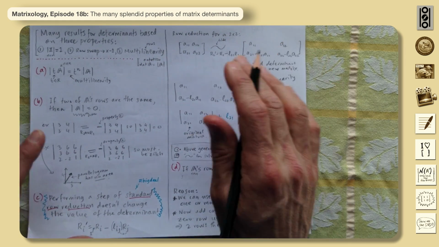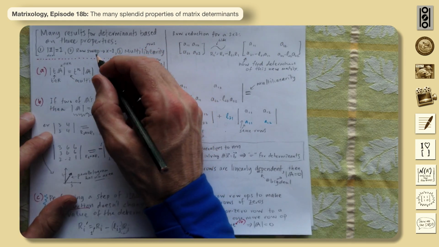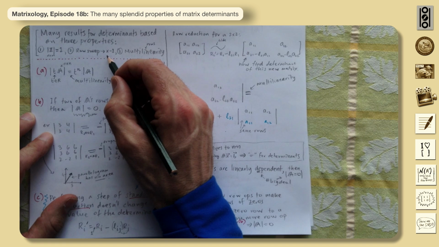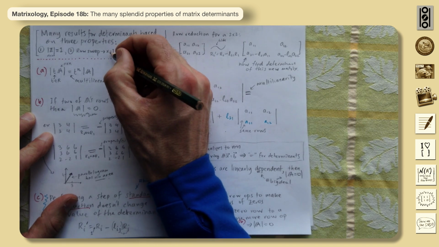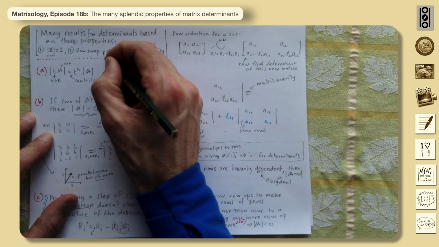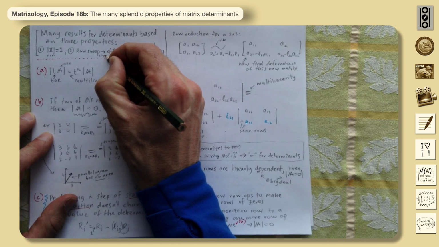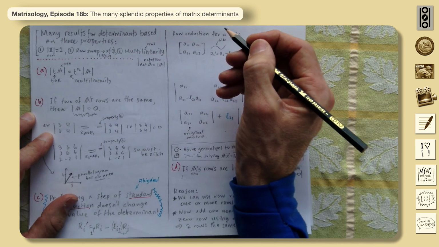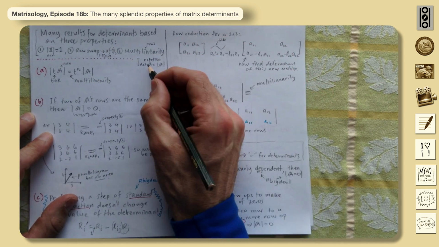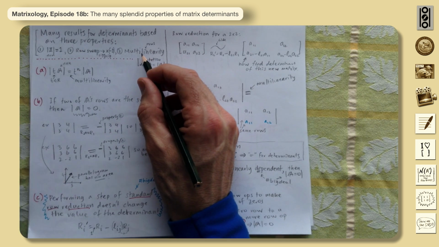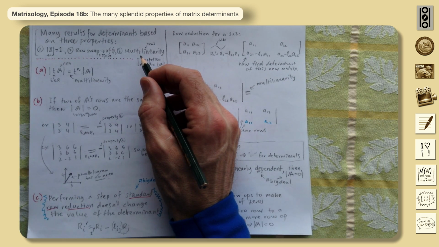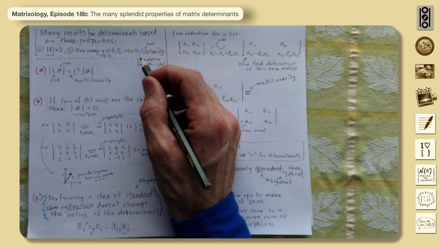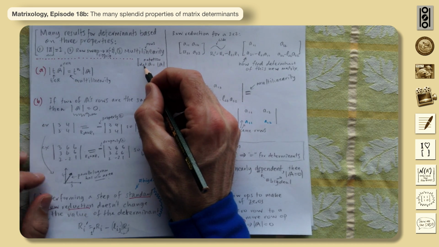It took some time to just do it in the right way, and I didn't want to make a mess writing it out. So row swap. That's a multiply by minus 1, a sign flip, and multilinearity. Multilinearity meaning it's row by row, right? It's linear in each individual row, which is an odd property.